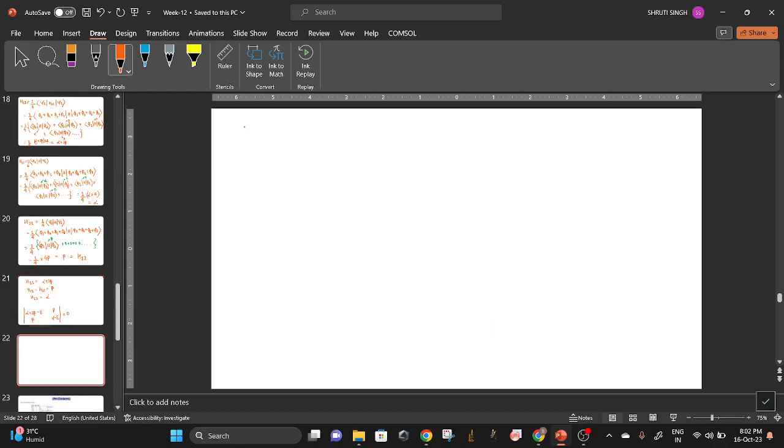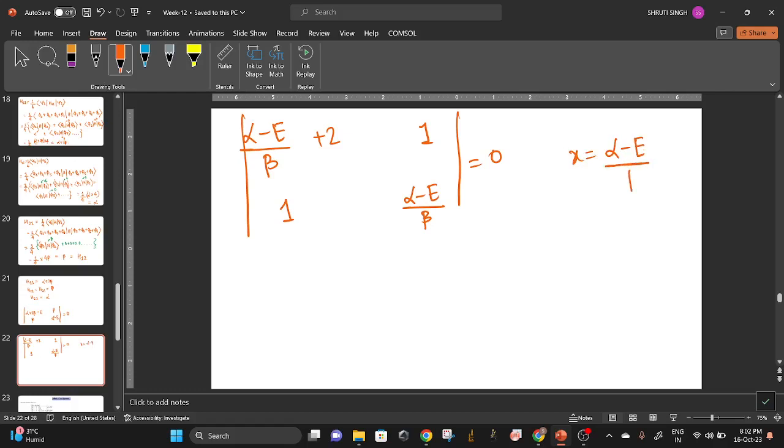Now I can take beta common, so I will write alpha plus 2 minus E by beta, 1, 1, alpha minus E by beta equals 0. Let us take x equal to alpha minus E by beta. So this will be x plus 2, 1, 1, x.